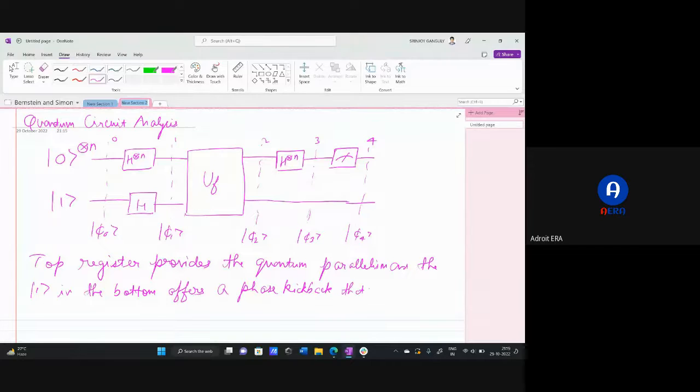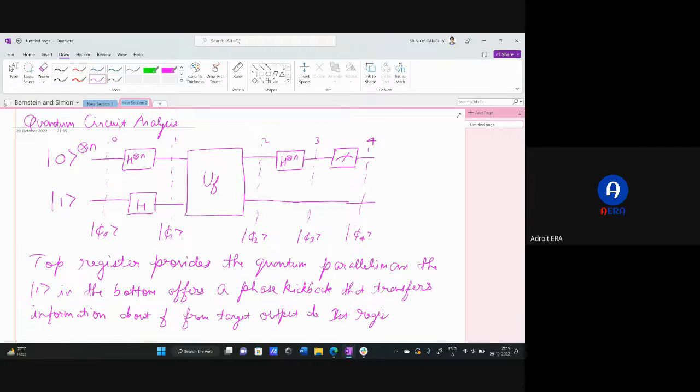That transfers information about f, that means the function, from the target, that means the last qubit, the target output, to the first register.